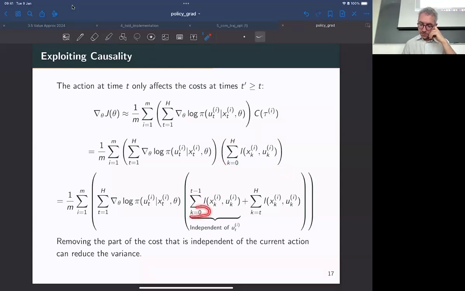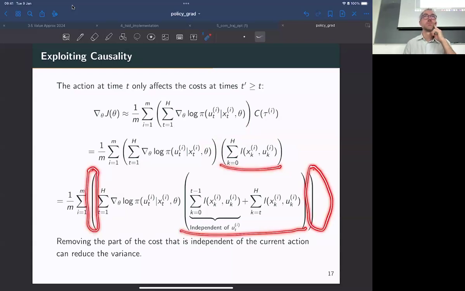We have first a summation going from 0 to t minus 1, and then a second summation going from time t to the end of the episode at time capital H. And also I've moved this inside the first summation, because you can see that now this part is inside these brackets, which I can do. It doesn't change the final result.